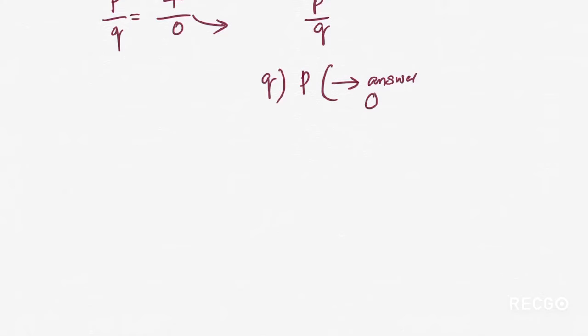Then the p by q format, let us say the p value is 4 and the q value is 0. We know that in p by q, q will divide p, and the result is the answer or quotient.